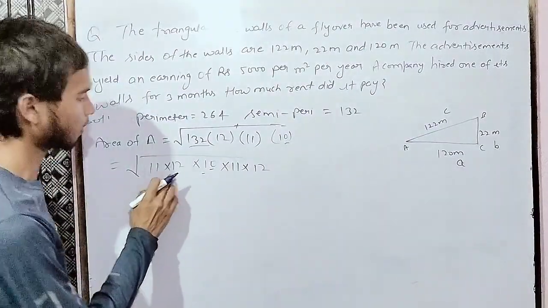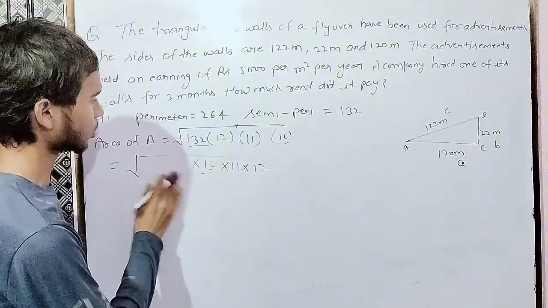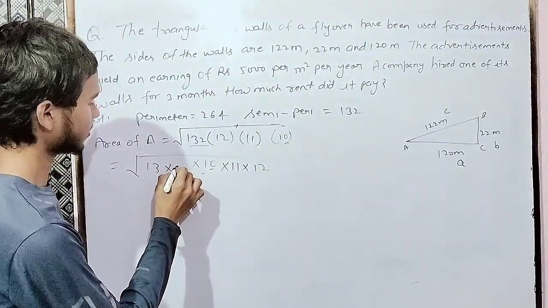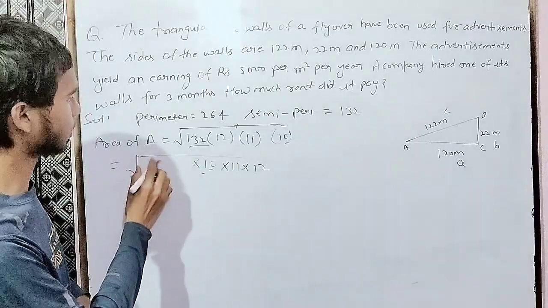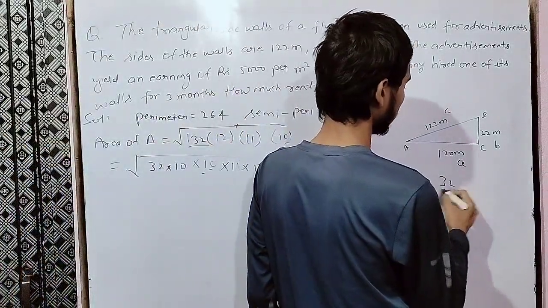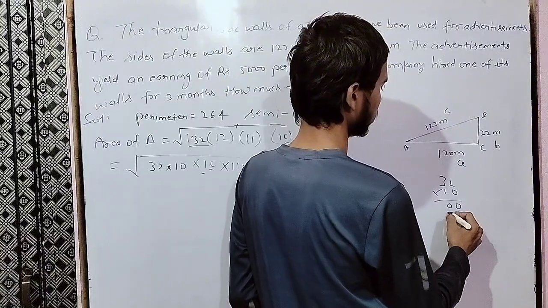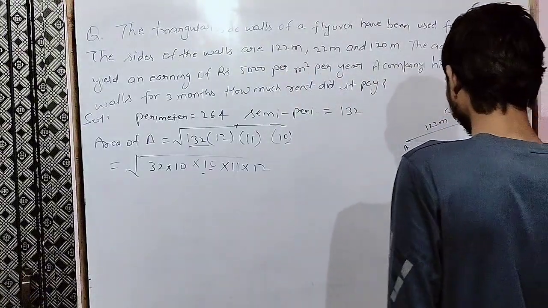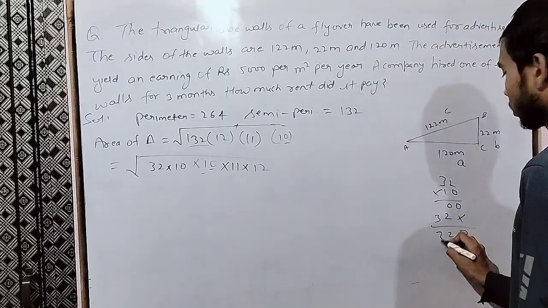So here, 32 multiplied by 10, isn't it? 32 multiplied by 10 is 320.